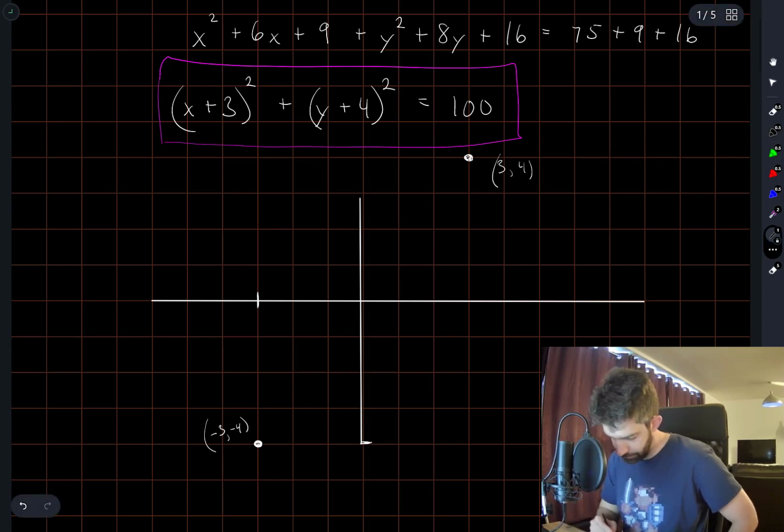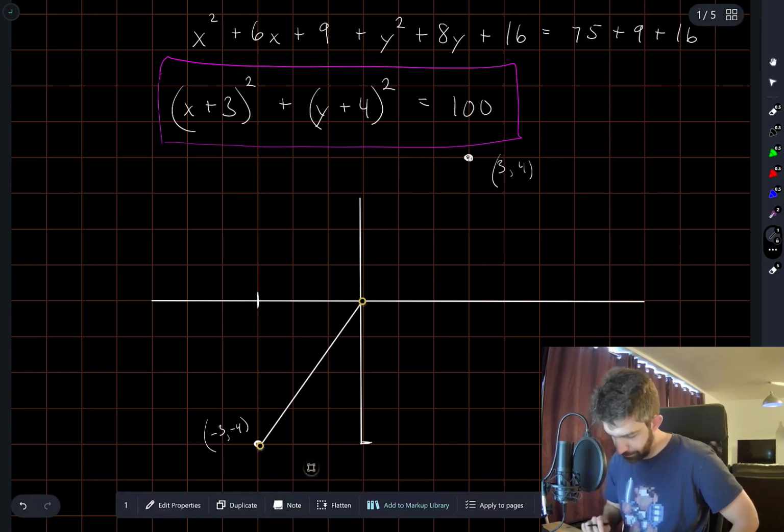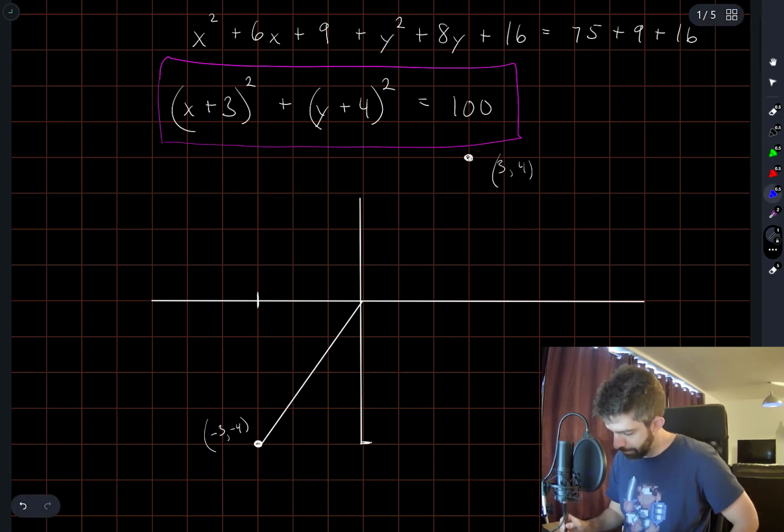Okay, because we know that the center of the circle is at this point, which is a distance of 5 from the origin. And the radius of the circle is equal to 10.